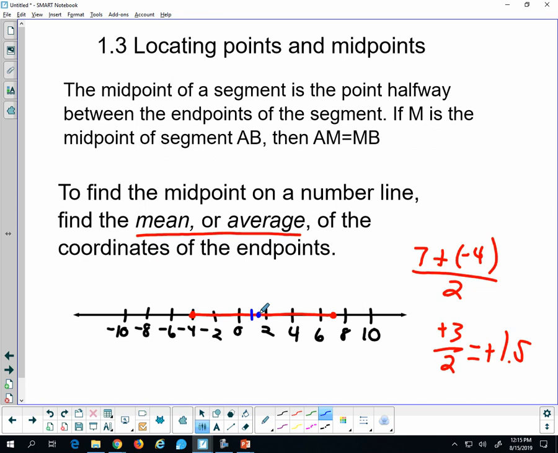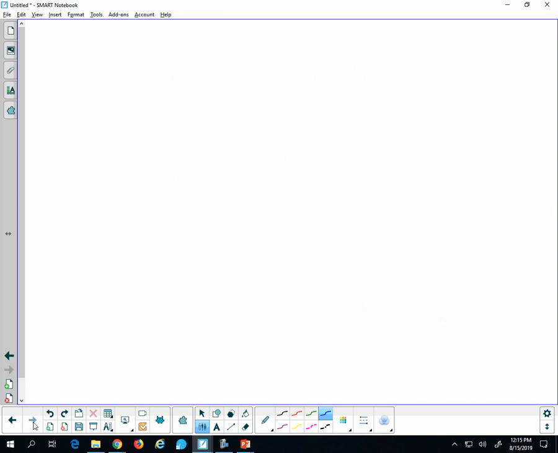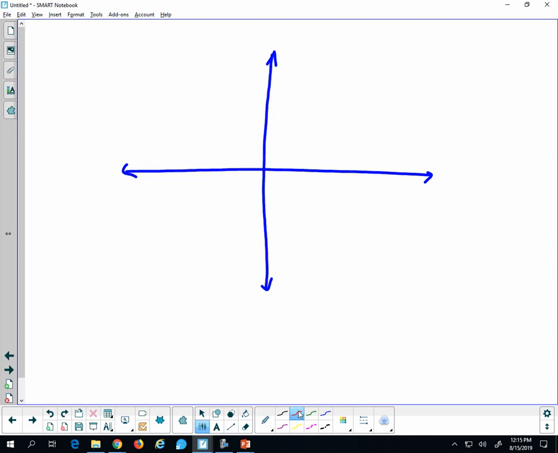Okay? So when we get to a coordinate plane, let me draw a coordinate plane. We're going to look at it the same way we did with the distance formula. So 2, 4, 6, 8, 10, -2, -4, -6, -8, -10. I'm not going to number everything.